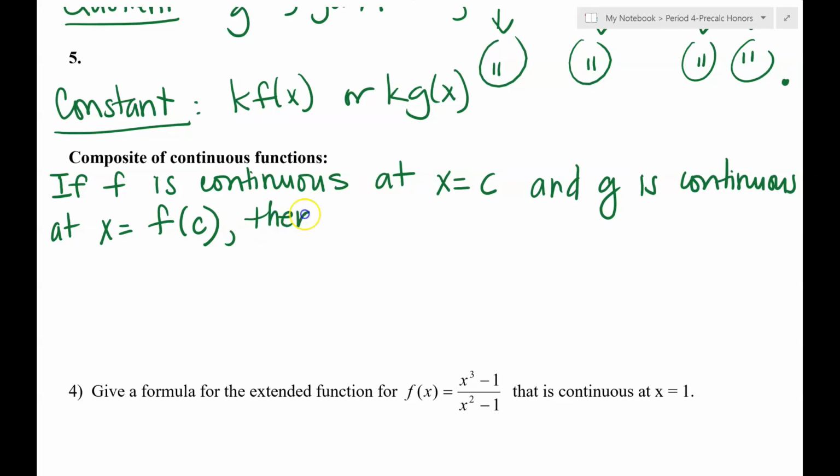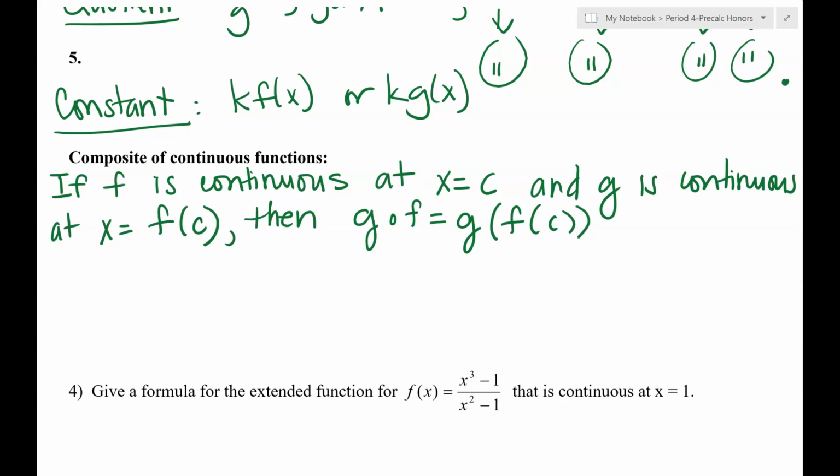Then f bubble g, that's a composition notation. Do you guys remember that back in the day? By definition, do you guys also remember that could be rewritten in that way? Okay. So this is what it's saying for that first sentence.